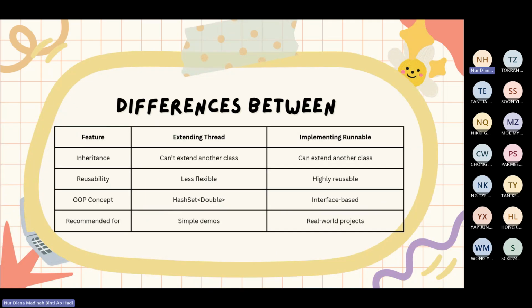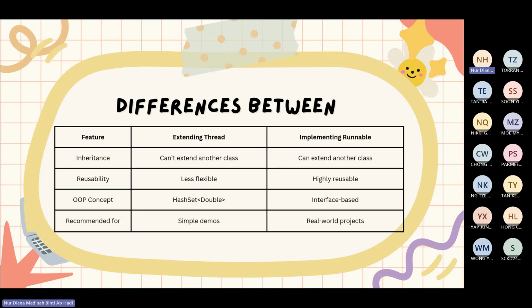Okay, next, we go for the differences. When extending thread, we are not extending another class. But when we implement, we can extend another class. It means that inheritance can occur with implement Runnable. When we talk about reusability, it would be better to use implementing, as you can inherit.